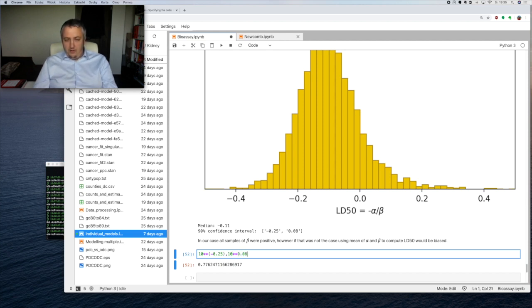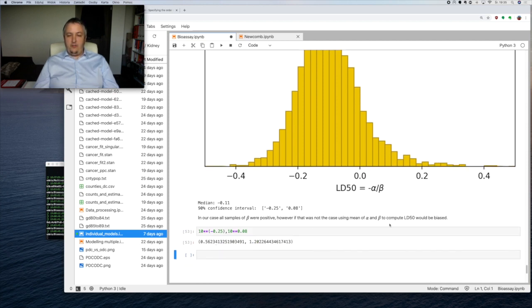So this is our confidence interval in the scope of actual medicine dosage.